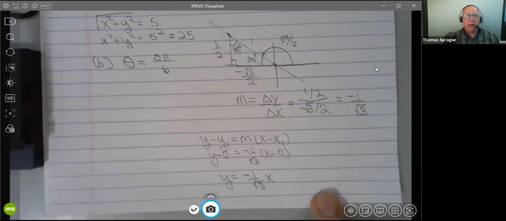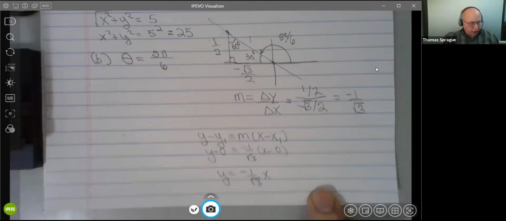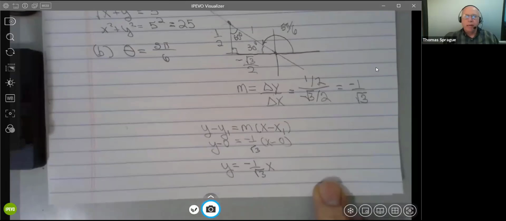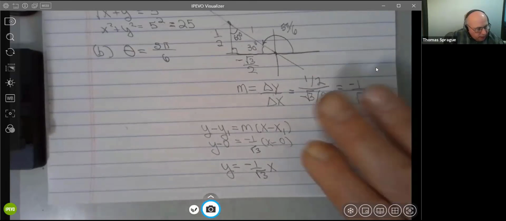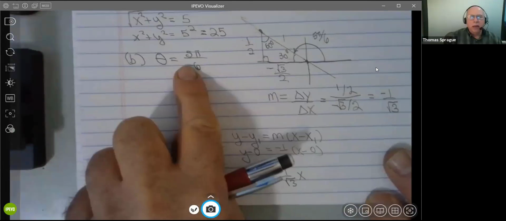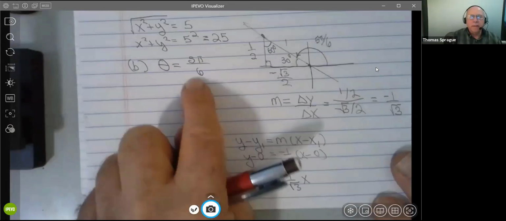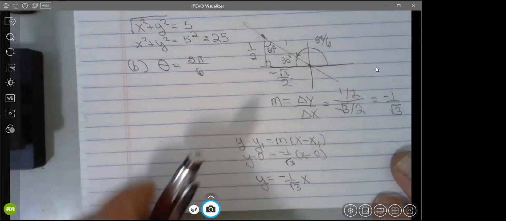Okay, anybody want to ask a question or need a minute to copy? What is the second one? This right here, theta equals 5 pi over 6. Oh yeah, is it polar?